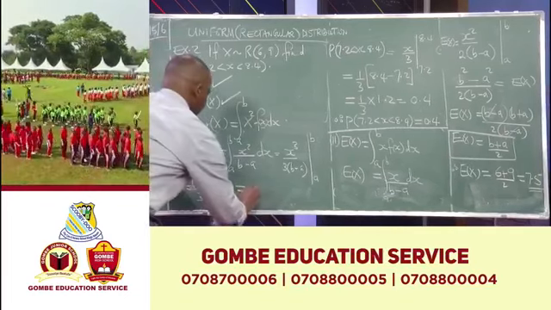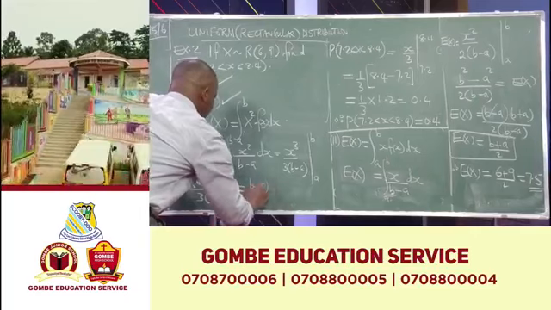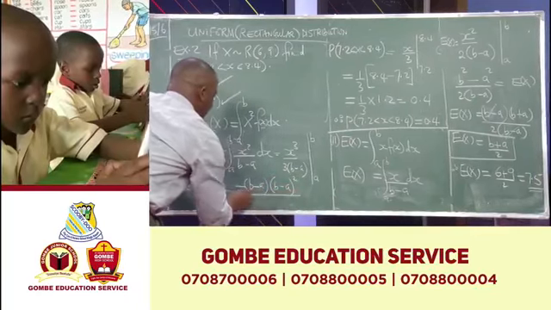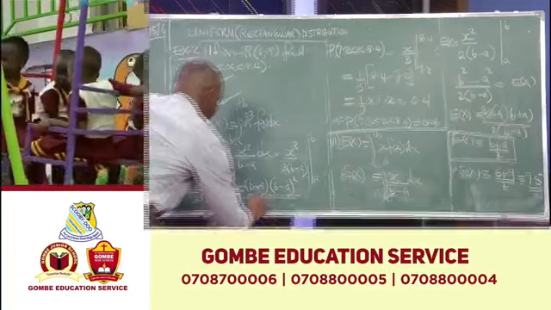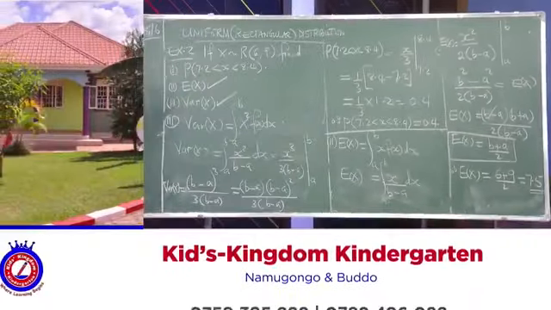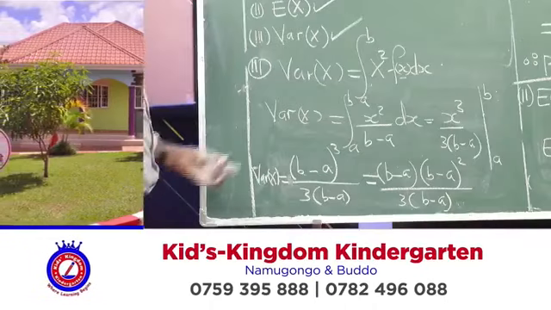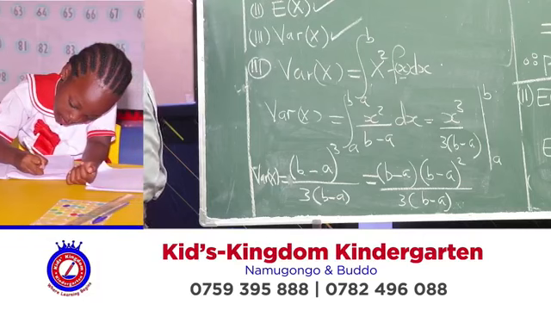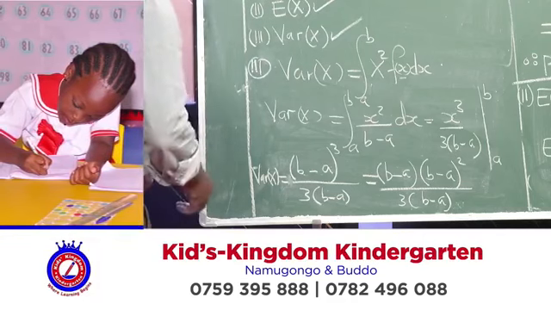If we simplify this, it's the same as b minus a into b minus a squared over 3 into b minus a, because this is cubed, one is squared and the other one is not.